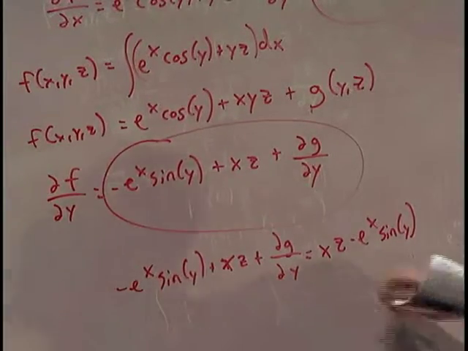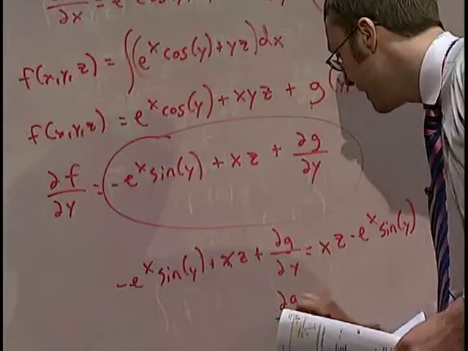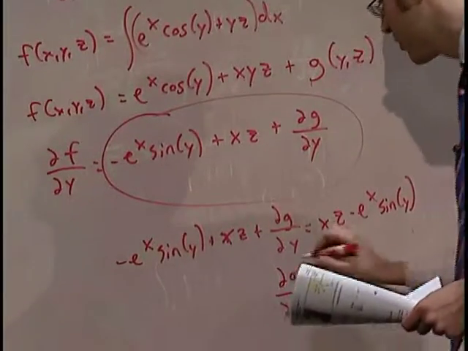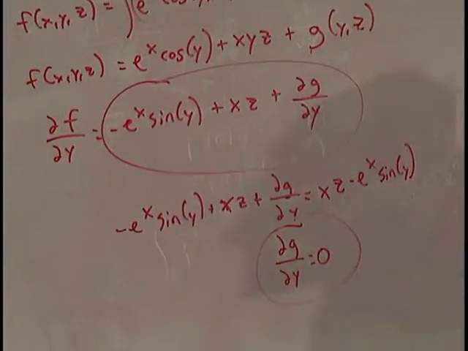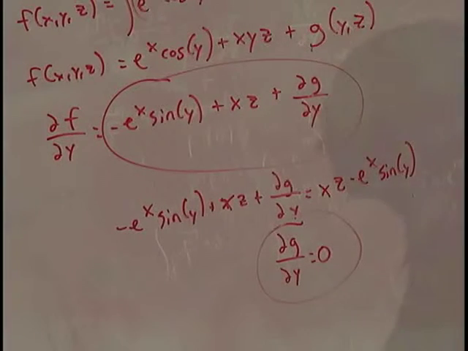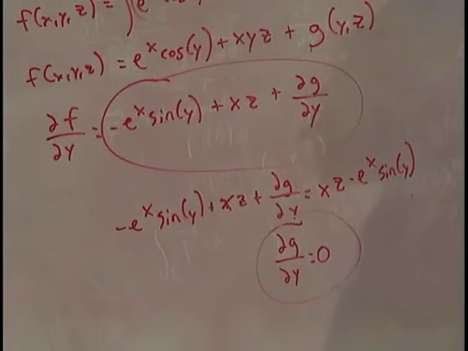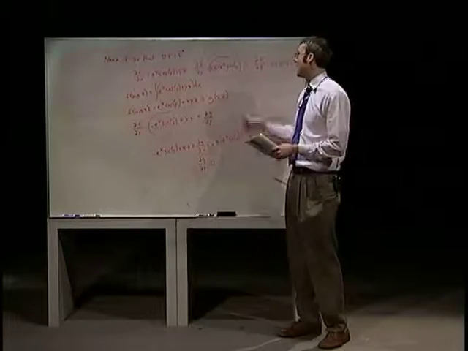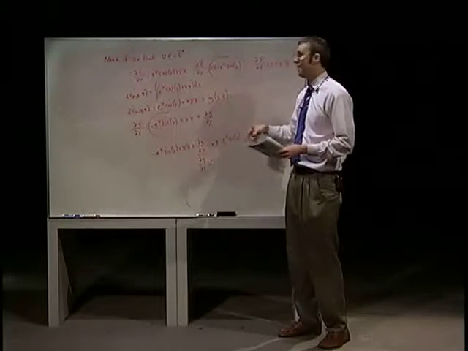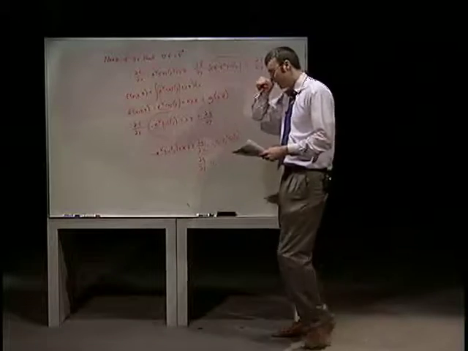So what does this imply? Then it implies that partial g partial y is 0, right? Which means that this function with respect to y was a constant, so there's not a y term in here. If there was a y term in here, anything at all, this would not be 0.